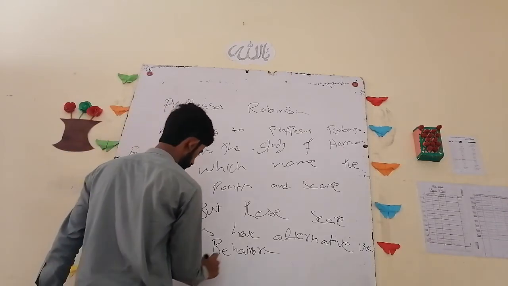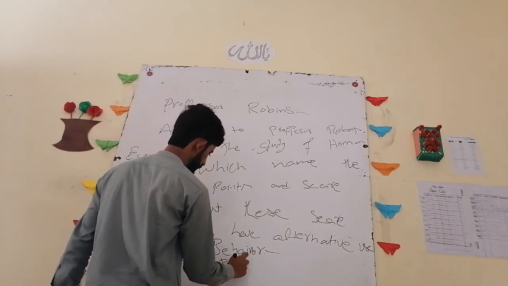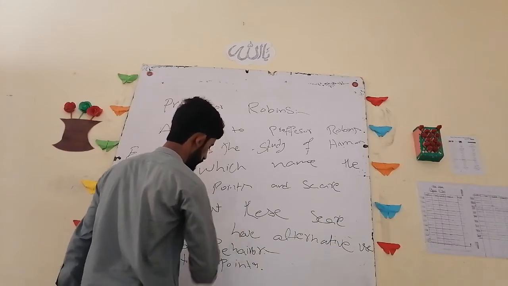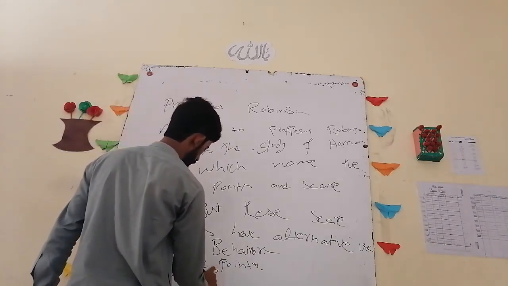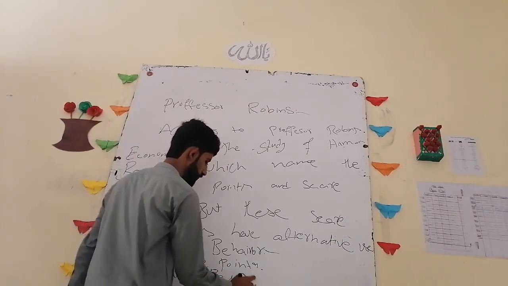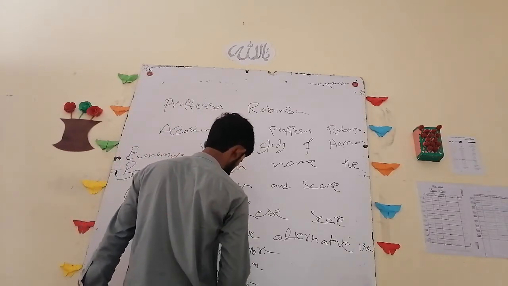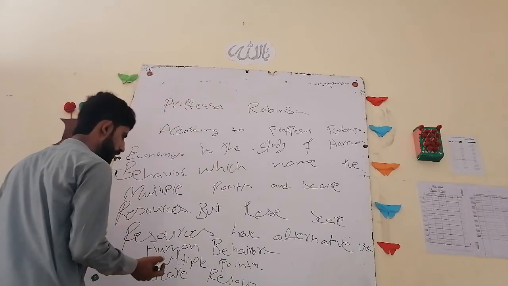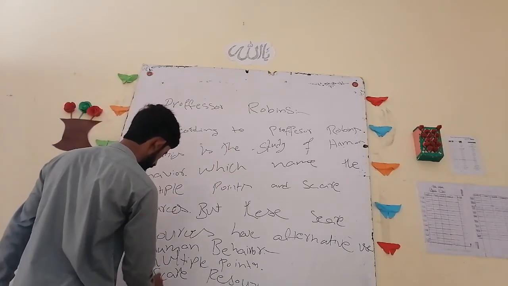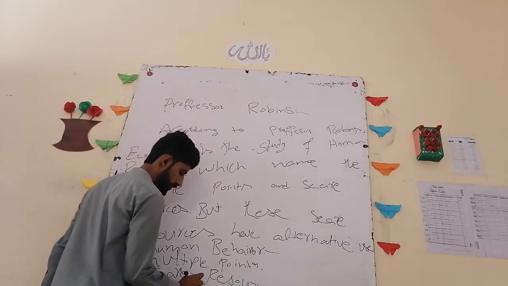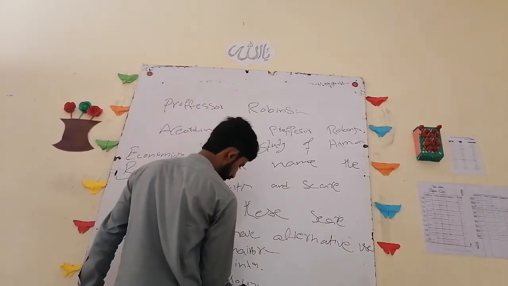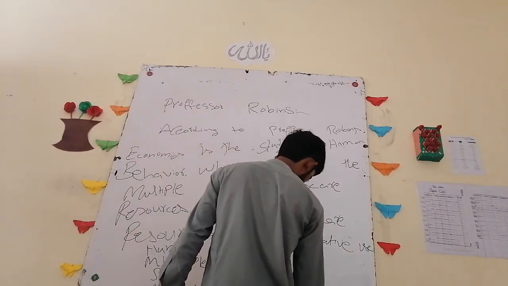Third, scarce resources, limited resources. And number four is alternative use of the resources.